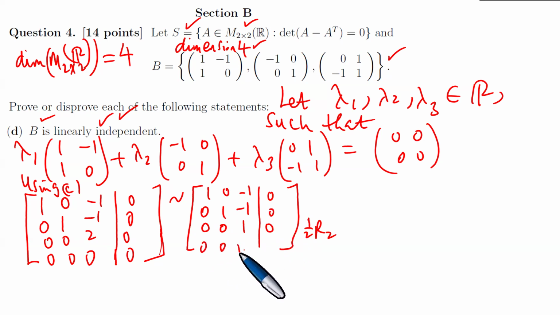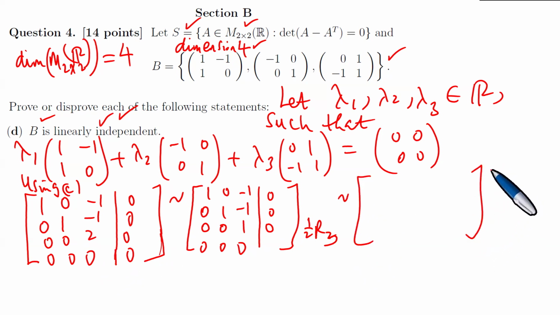But in the end, multiply row 3 by 1/2, which is going to produce a 1 here. Then row 1 plus row 3 gives 1, 0, 0, 0.